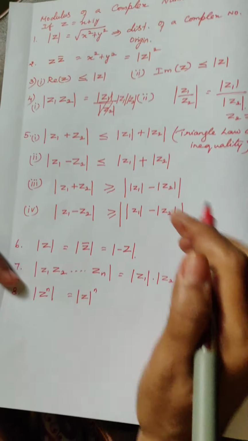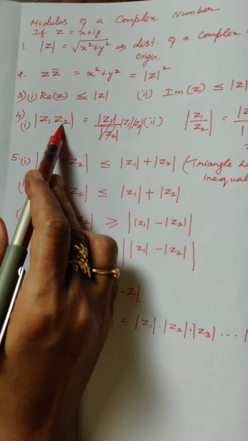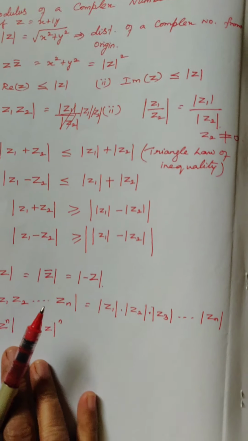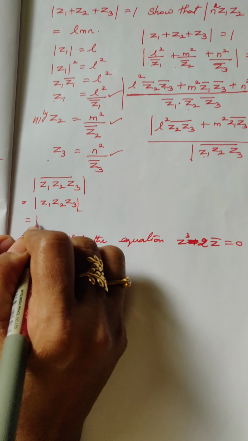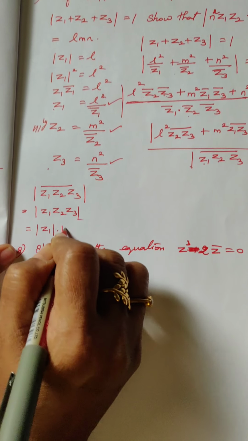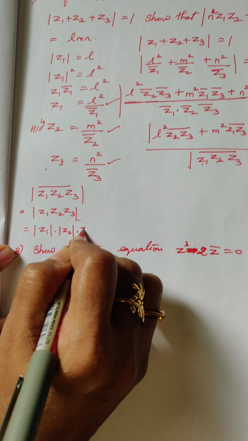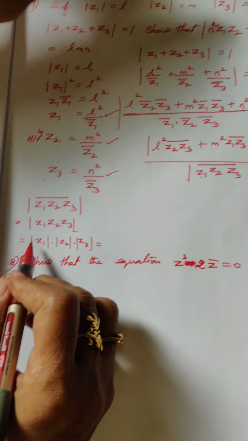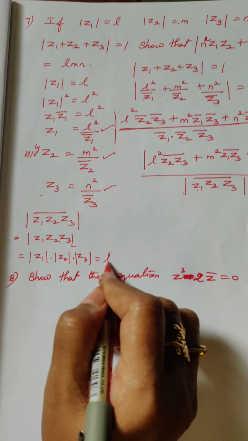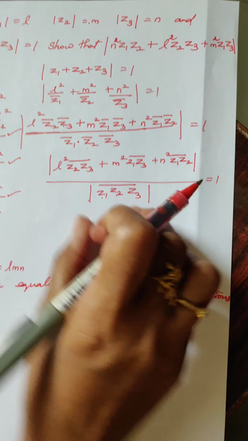See here, modulus of z1 into z2 equal to modulus of z1 into modulus of z2. I am using this property here, which is equal to modulus of z1 into modulus of z2 into modulus of z3. Clear now? So this is L, M, N. So I am going to take it as L, M, N. Clear now? So I am going to bring this part to that side.